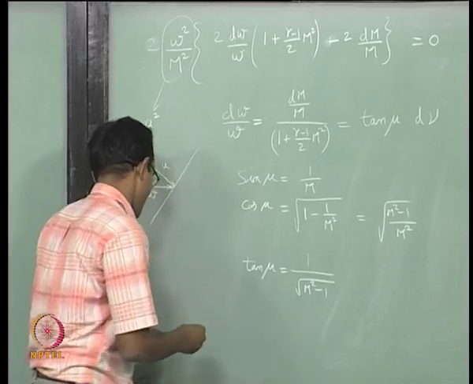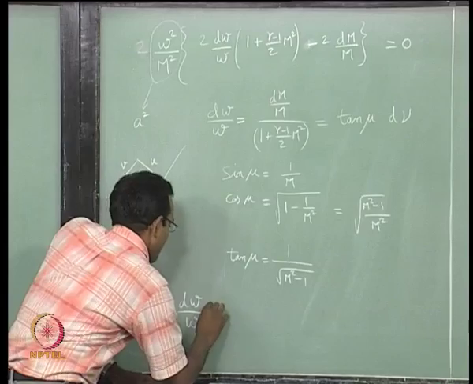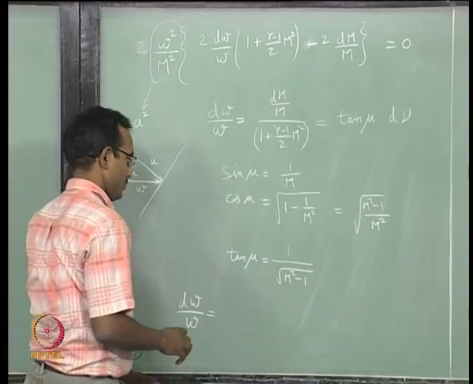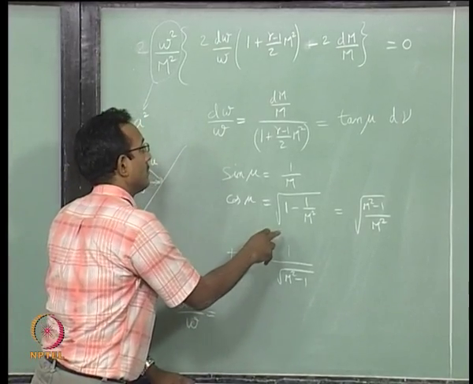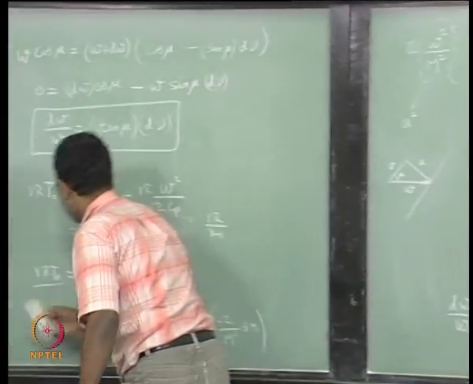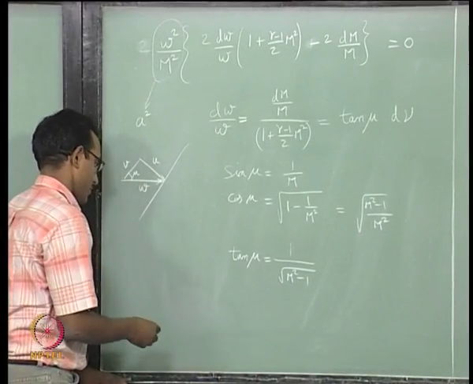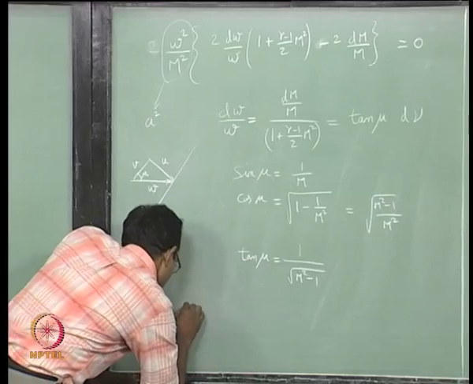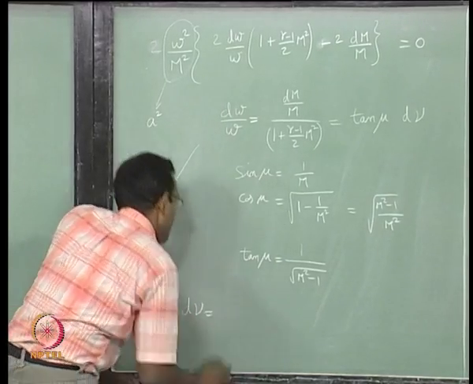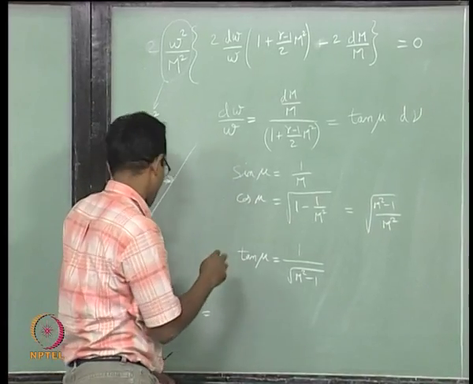Once I do that, I am going to have an expression dw by w equal to, oh, I do not need dw by w, I want to write expression for d nu.